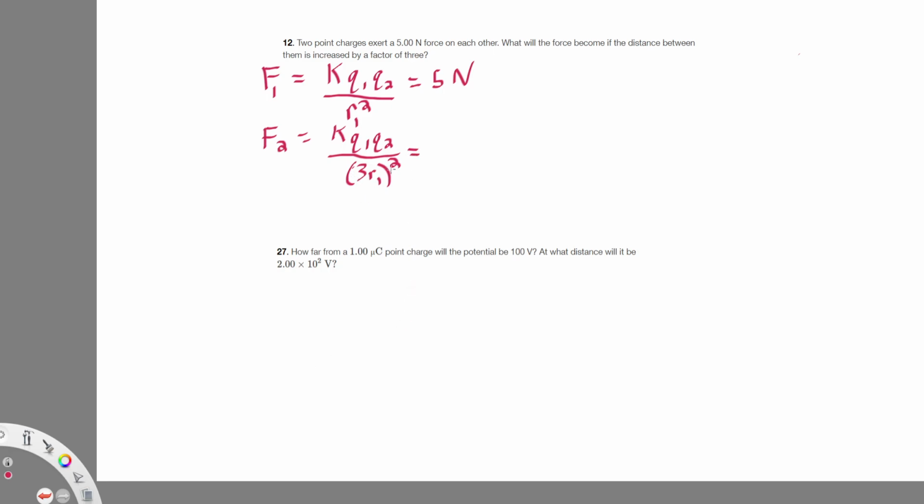Right, so if we expand this square on the bottom, not K1, just K. And then we make the identification that all of this stuff here, that is F1.